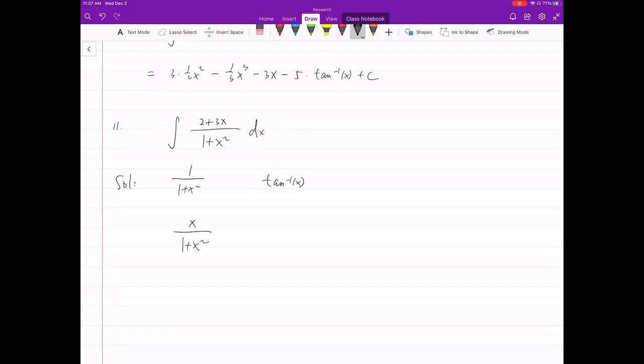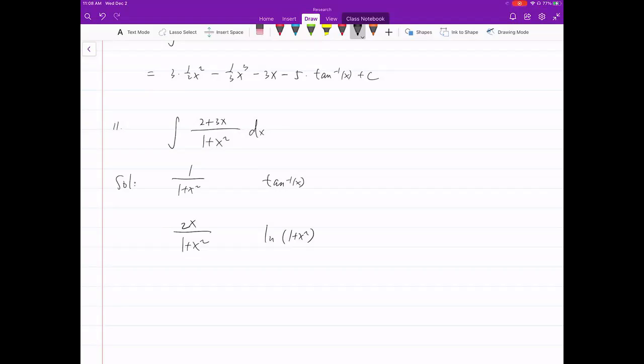Do you know some function that, if you take the derivative, not only produces 1 plus x squared on the bottom, but also produces an x, or maybe a 2x, or maybe a 3x? That is this. And exactly, I needed 2. Sounds good?